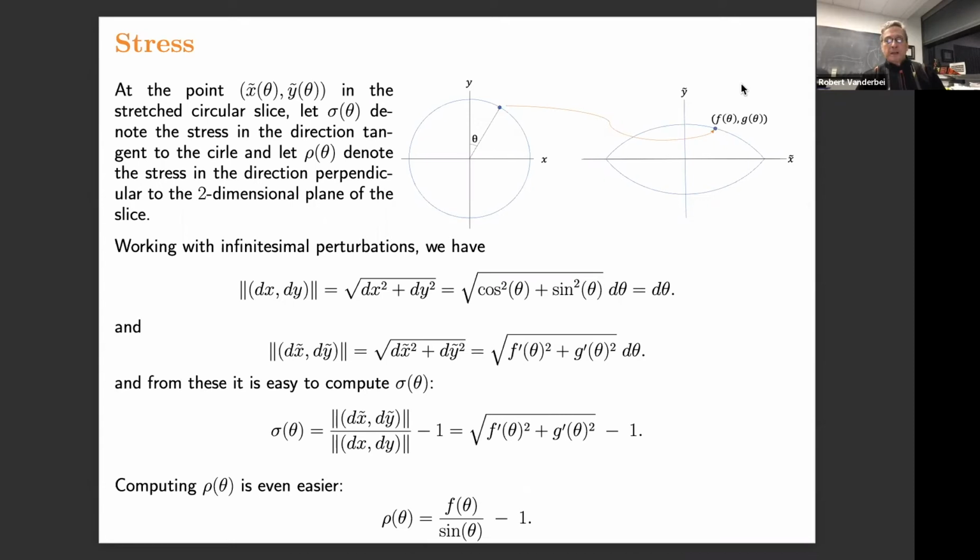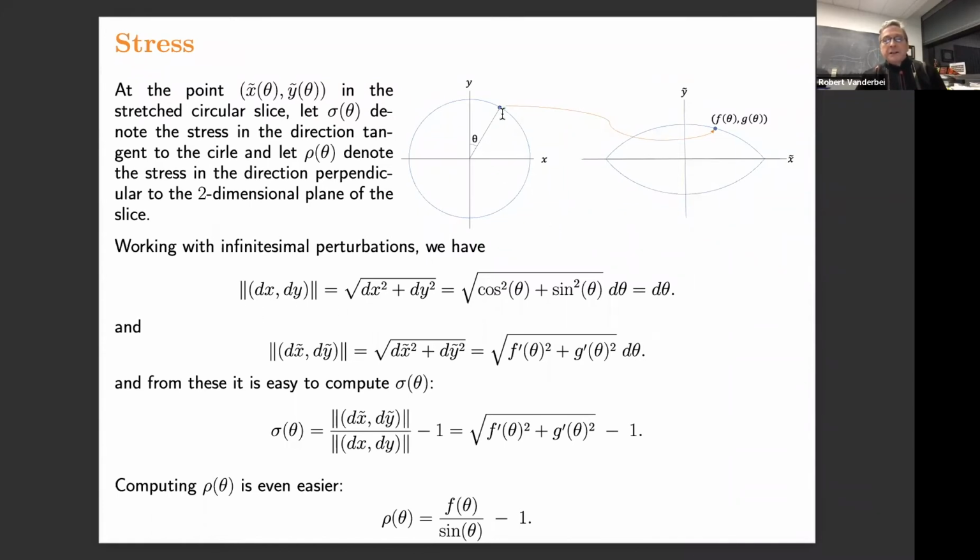So we only have two kinds of stress: the stress that's tangent to this line here, and the stress that's sticking straight out perpendicular to our plane at this point. And I want to write down those two stress functions, and then minimize the integral of the sum of squares of those two things.